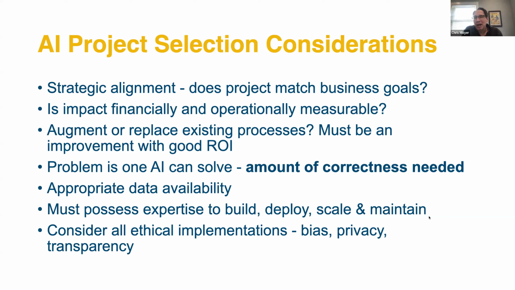AI projects are different. You have to watch them because, I guess this sounds melodramatic to say, they have a mind of their own, and I will get into the proof of that statement in a little bit here.